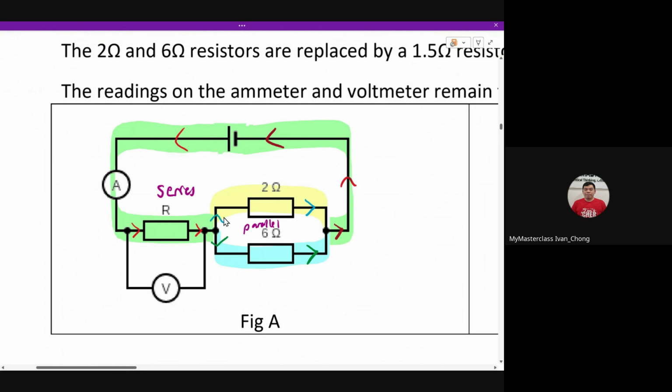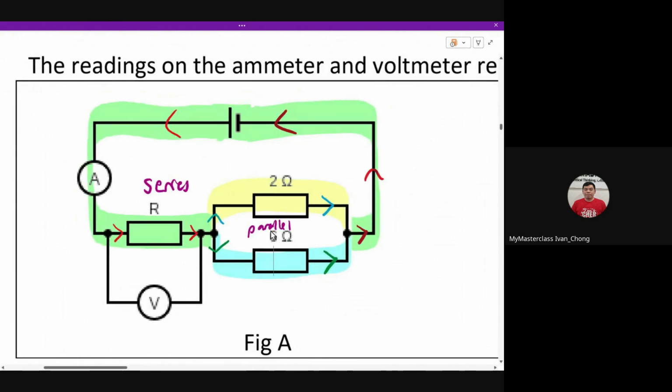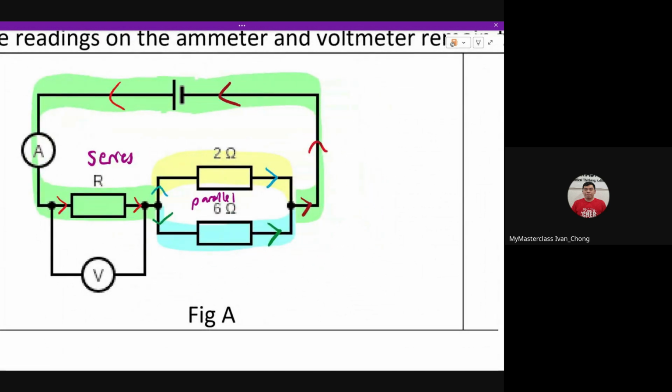First things first, we try to simplify our diagram as much as we can. So we just zoom into this parallel part over here. For parallel, if you want to find the effective resistance, we're going to use the formula, 1/2, 1/6.